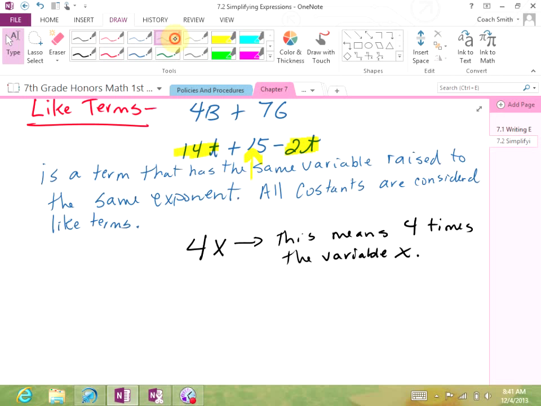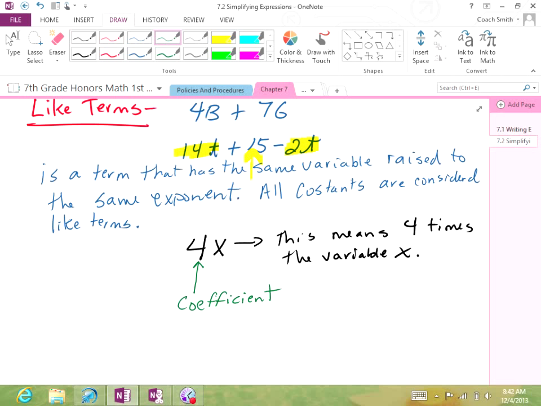Now, when a number is in front of a variable, I want to make sure I don't misspell this word, we call that a coefficient. I always want to put an extra E in there somewhere. Okay, we call that a coefficient.